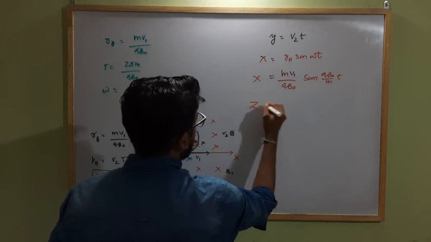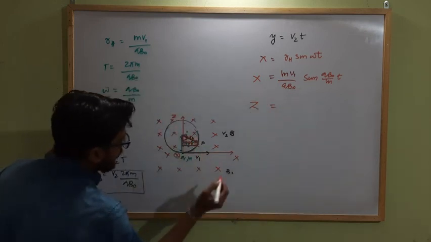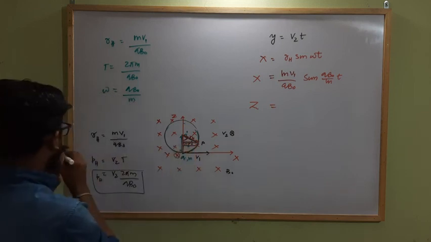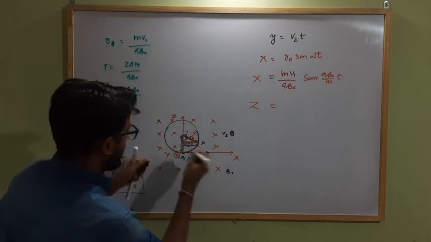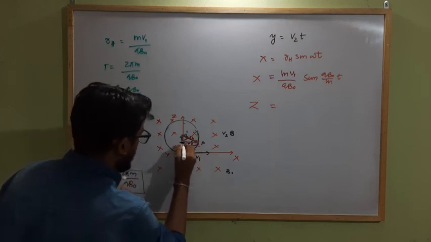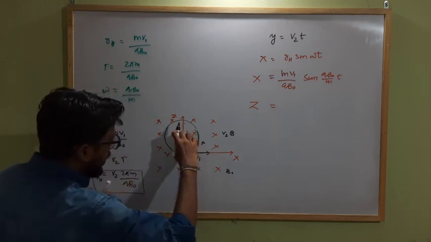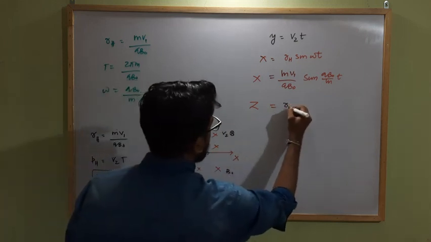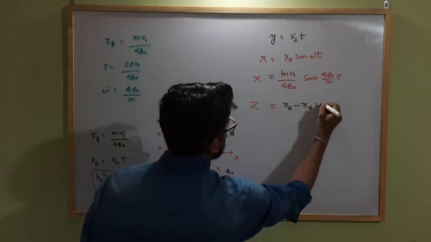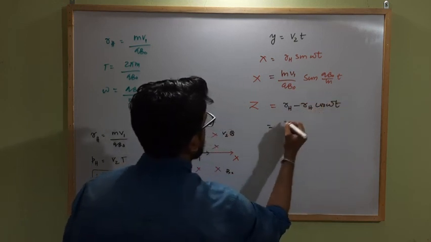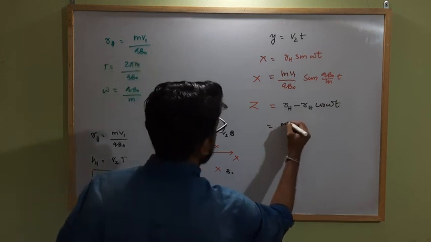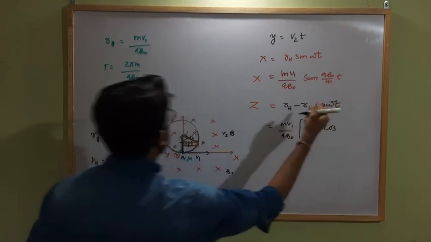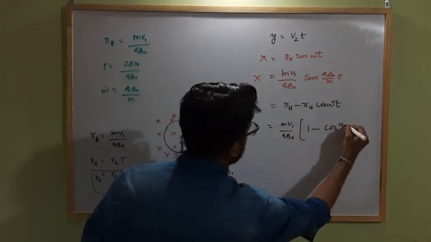Similarly, what is the value of z coordinate? As this is the z coordinate, from this to this length, up to this much length, this length is the z coordinate. So this can be total RH minus RH cos omega t. So z coordinate will be RH minus RH cos omega t, which can be written as, what is the value of RH? mv1 by q b0, taking common, 1 minus cos of q b0 by m into t.